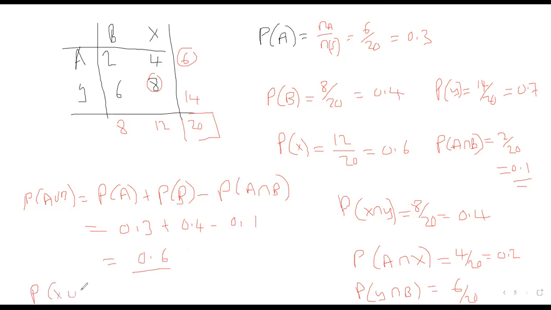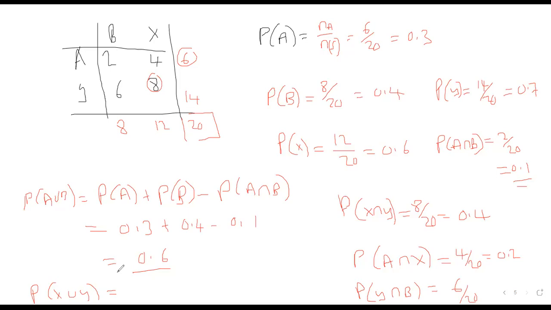What is X union Y? X is 0.6 plus Y 0.7, minus the intersection.